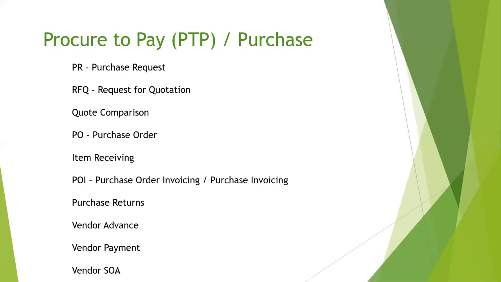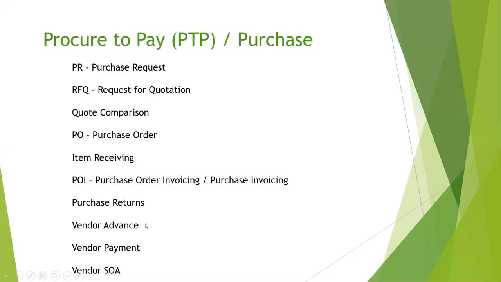For us, it is an item receiving, so we will do the item receiving at our end. Once item receiving is done, then we will do the invoicing. We verified that these items are received, whatever the quantity is received, we'll do the receiving. Then we will go for invoicing the purchase order. Once the invoicing is done, they can go for vendor payment and close the thing.